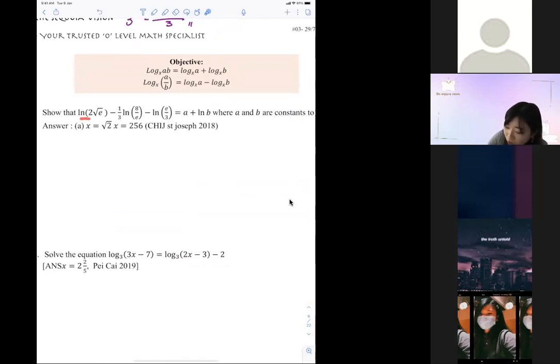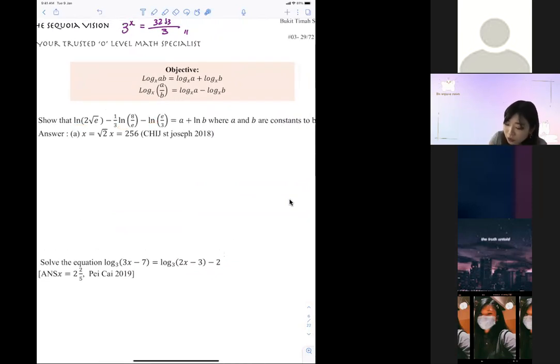Okay, next one. When you see so many ln, good thing is you can put them together. Minus means divide, plus means times. But before you can change them to times and divide, you must make sure that the coefficient of ln is 1. Cannot have numbers in front. So this one pass, this one pass. This one here, there's a 1/3, you must bring it up first.